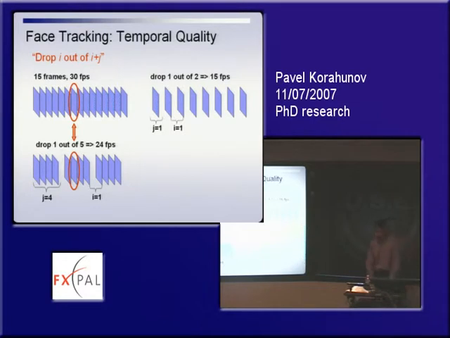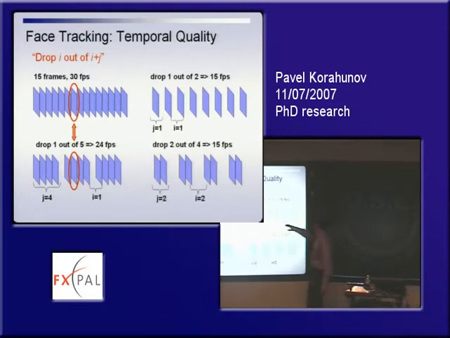Another point to note is that different drop patterns can give the same frame rate. The important difference between these two drop patterns is the drop gap, so how many consecutive frames are dropped. It turns out that affects the object tracking much more than the frame rate itself.